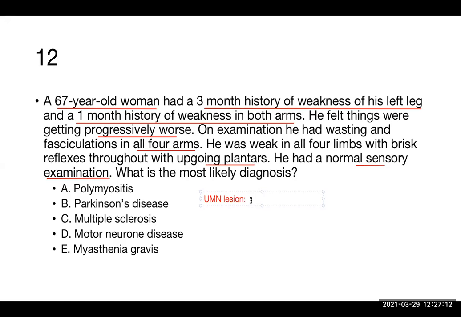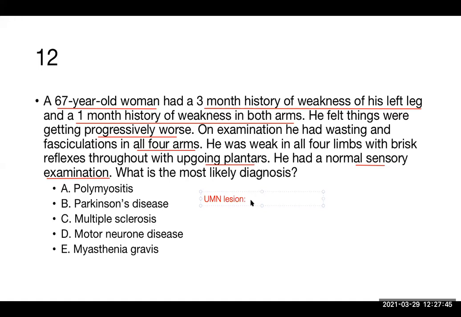So first of all, everyone should understand what is UMN fiber and what is LMN fiber. Then only the pathology comes. So upper motor neuron starts from the cerebral cortex, and they can either end on the nuclei of cranial nerve, these are called corticonuclear fiber, or they can end at the anterior horn cell of the spinal cord.